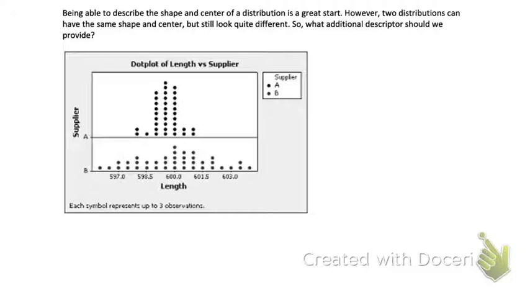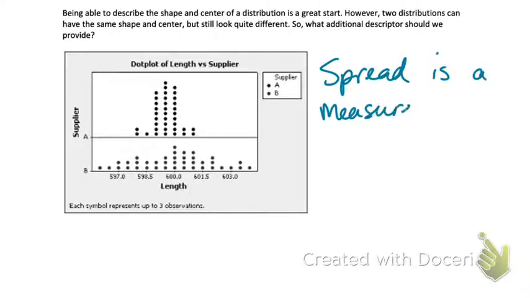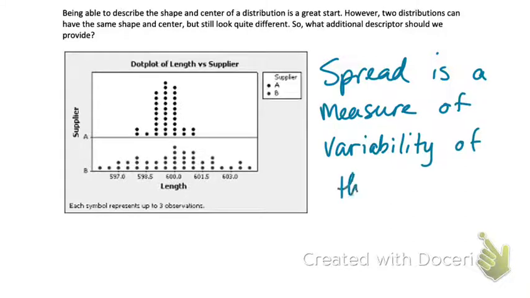So here's an example. What is different about these two distributions? Different spreads. Yeah, they have different spreads. Now, spread is a measure of variability of the data.